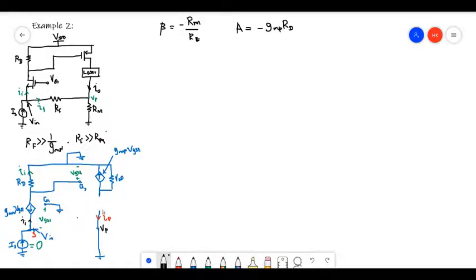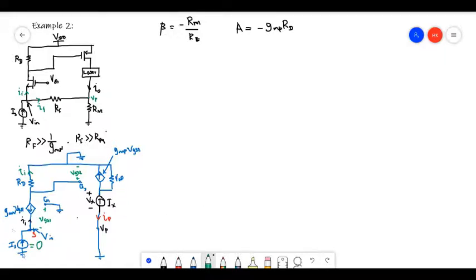So we can simply put a current source like this. Let's see how we can calculate the output resistance.